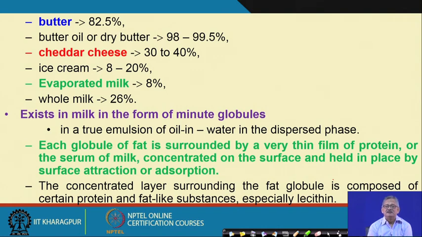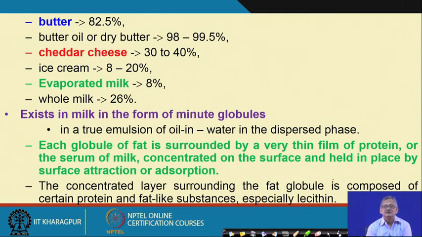That emulsion is where oil is in the dispersed phase and water is in the continuous phase, because the fat content is very low, maybe around 5, 6, 7%, whereas water content is around 80-90%.